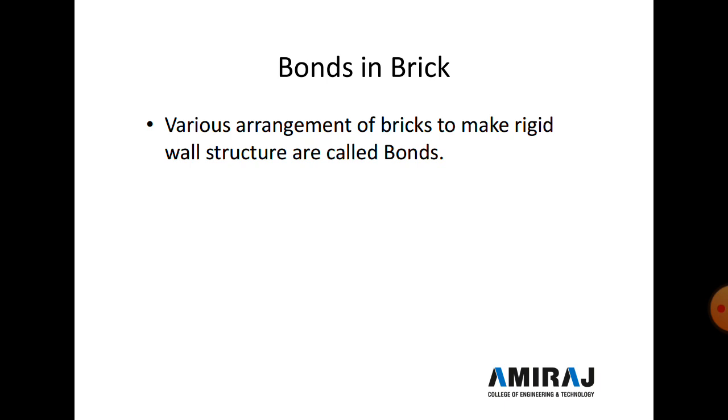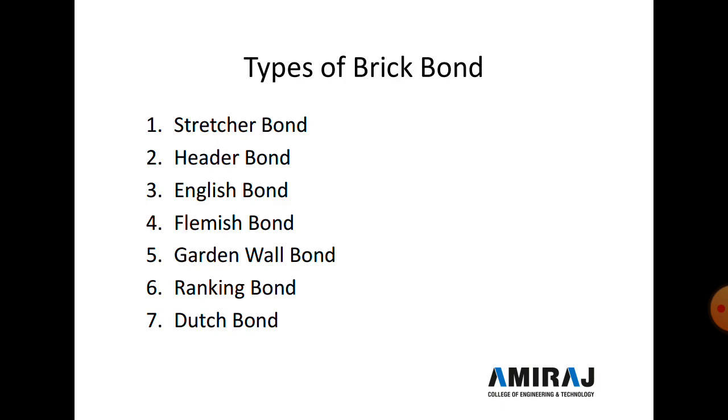Here, in the arrangement of bricks, we put bricks horizontally and vertically and join them with each other with mortar. This bond is one methodology to prepare a wall or brickwork structure. Different types of bonds are given in brickwork.